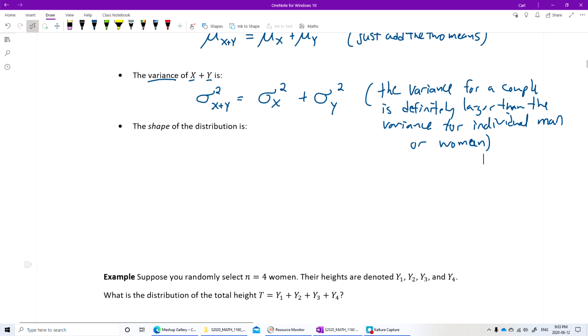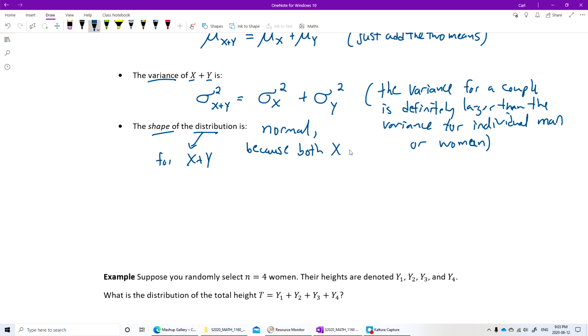Okay, finally, the shape of this distribution is going to be normal. The distribution for x plus y is going to be normal, and that's because both x and y are normal. So whenever you add together two normal variables, you can be sure that the result is still a normal variable.